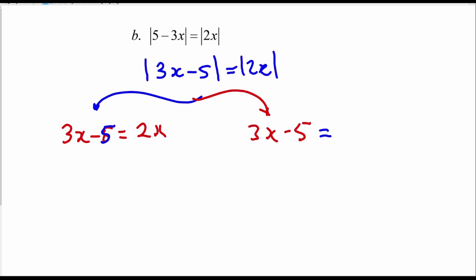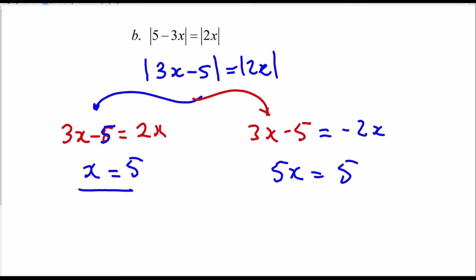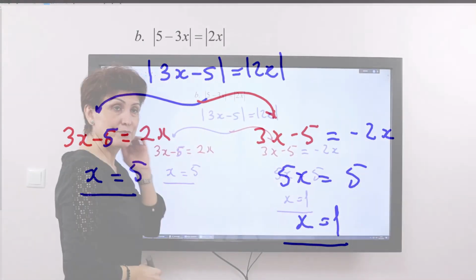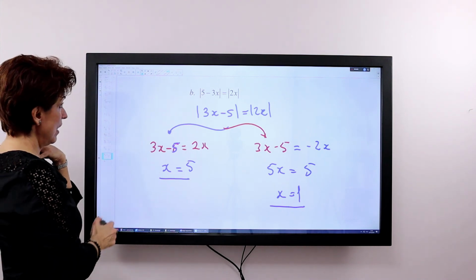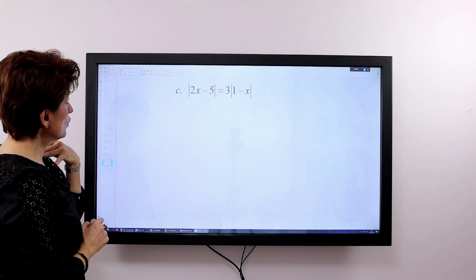Here, -2x, right? I'm moving 2x to the left hand side, becomes x. Here 5, got it? Here when I move 5x, positive 5, if we divide both sides by 5, x is 1. Got it? Are you pausing it? You should.